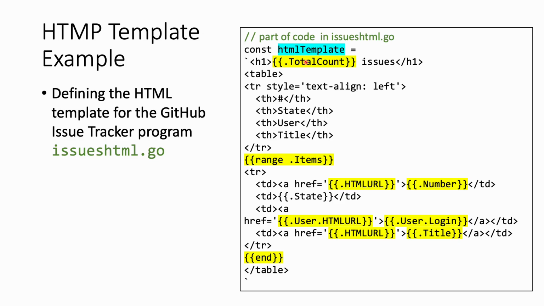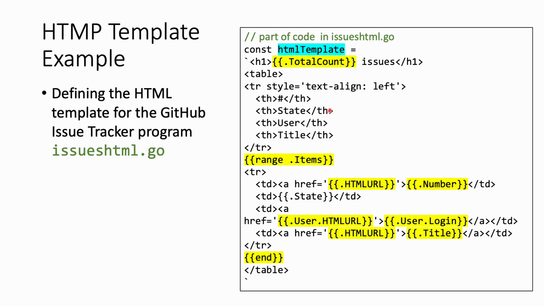Those substrings denote actions. The only difference is that the string for an HTML template is HTML source code, while the string for a text template can be any text string.